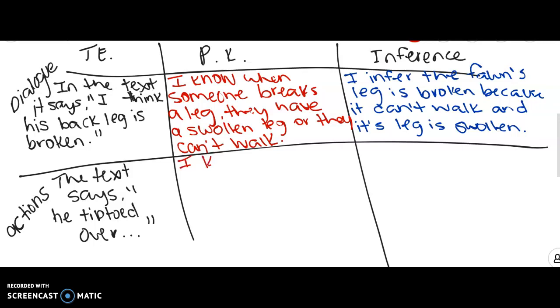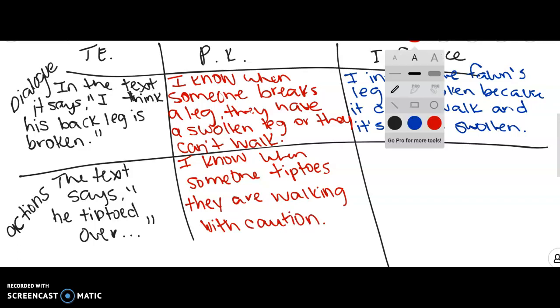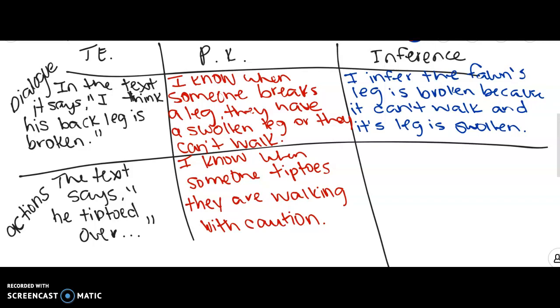And then I'm going to use my prior knowledge and what I know about someone tiptoeing over to something. So I know when someone tiptoes, they are walking with caution because they don't know what's there. So they're walking very cautiously. So now I can make an inference about Eli tiptoeing.